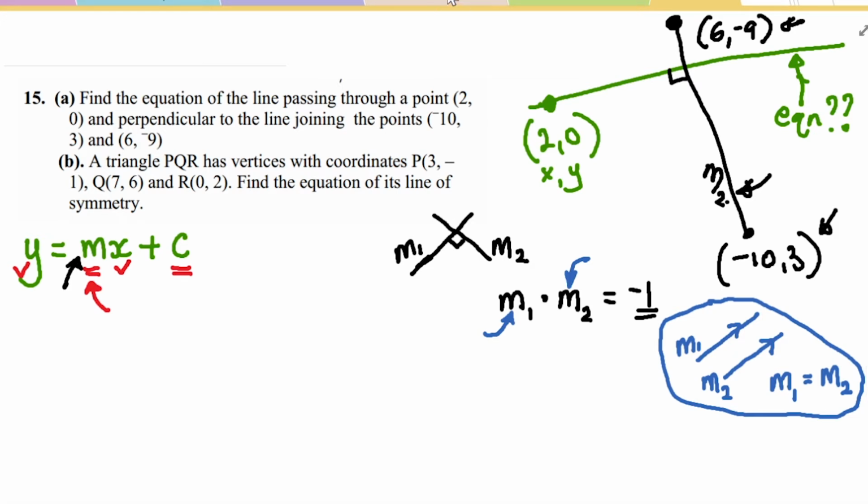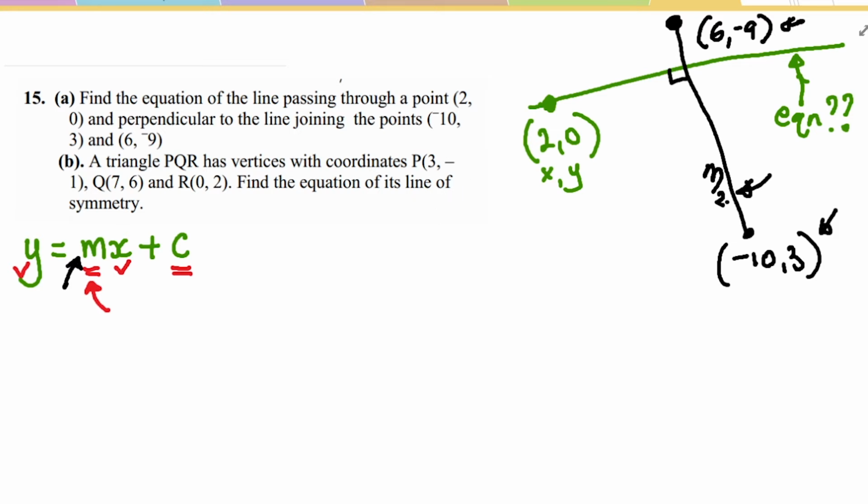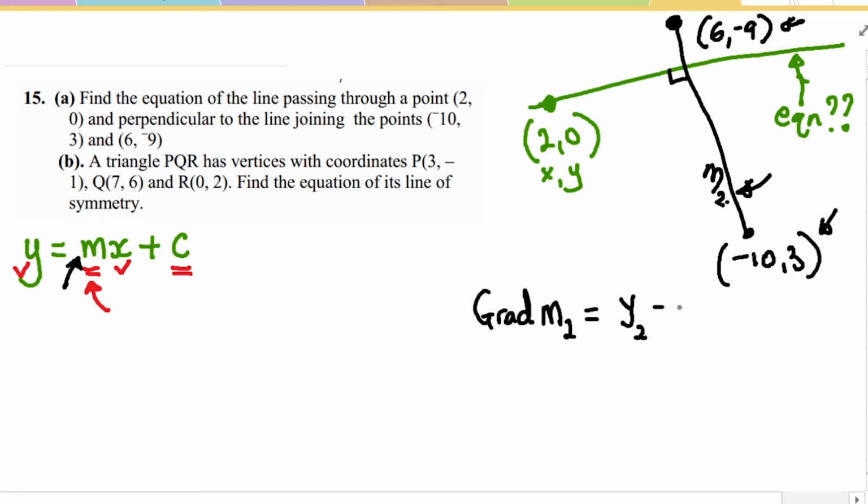So to find the gradient of the black line, which I'm calling M2, the formula for gradient, again, these are things that must have been introduced to you in your class. I'm just quoting formulas. I'm not going to explain where they come from. So that's going to be y2 minus y1 over x2 minus x1.